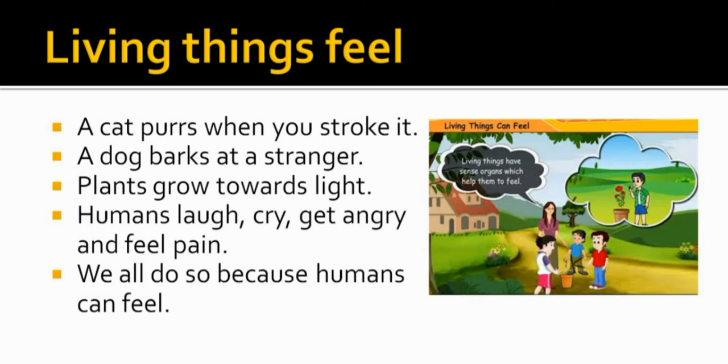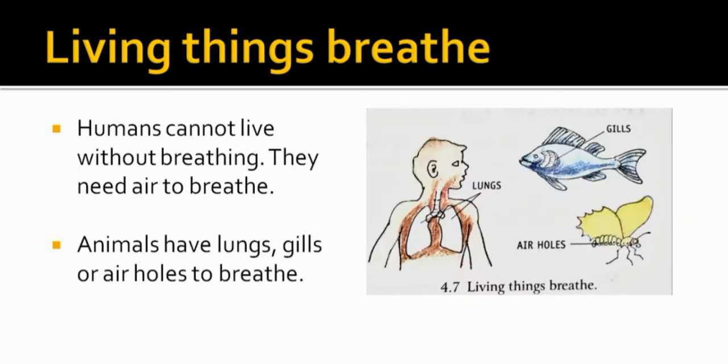So we all can do these things. This means that living things can feel. However, your toys do not cry when you throw them on the floor. That means they are non-living things. They cannot feel anything.